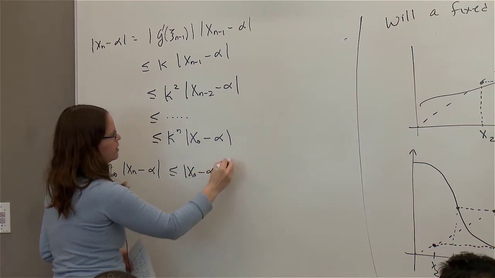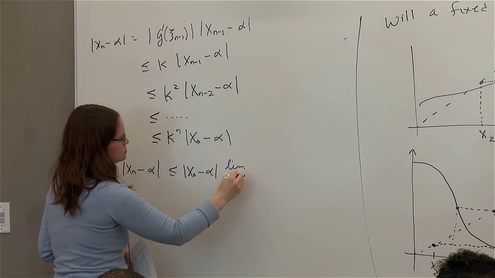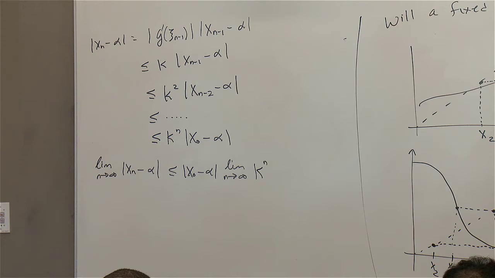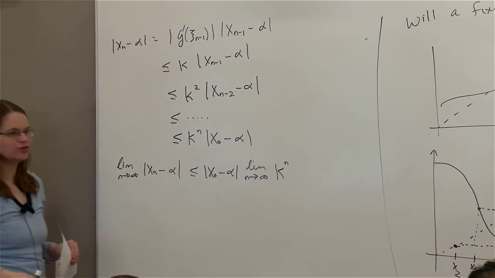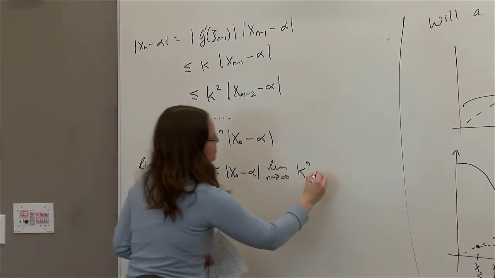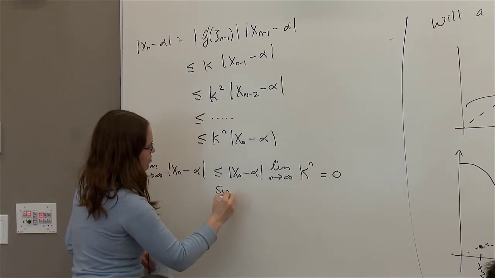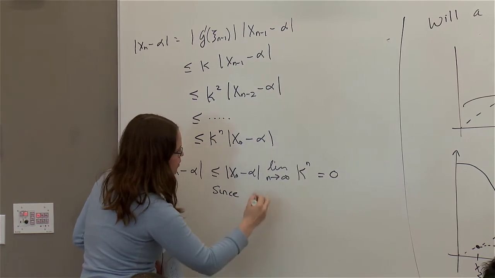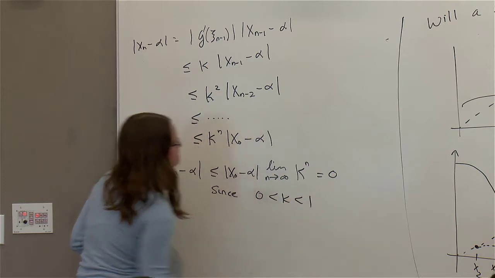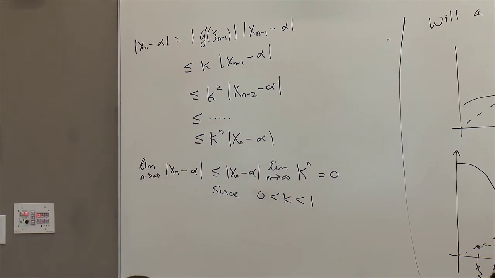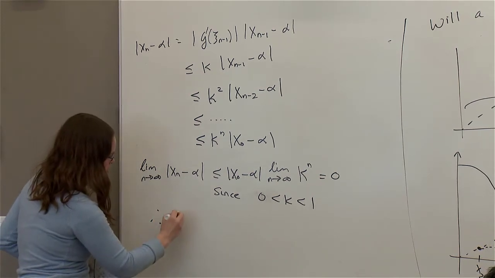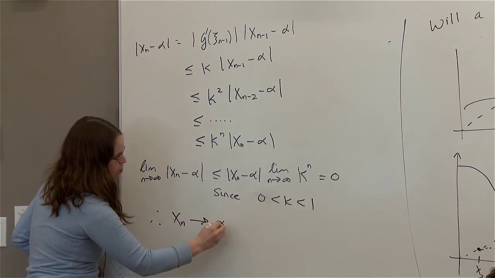This part doesn't depend on n. And it's 0 because k is less than 1. So this is the part where it mattered that the derivative was less than 1. Okay, so since k is actually positive, the way we've done it, since k is less than 1, that means that indeed xn converges to alpha.